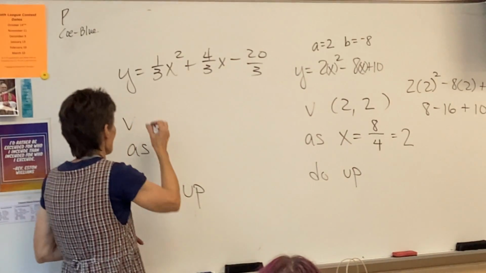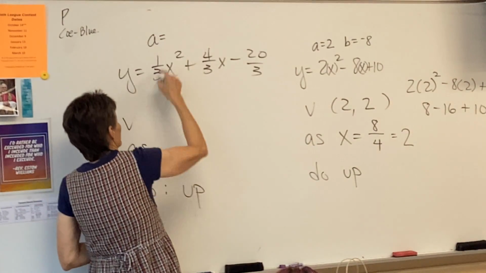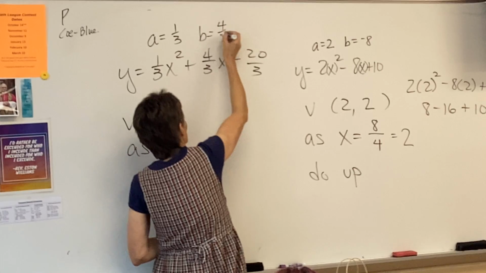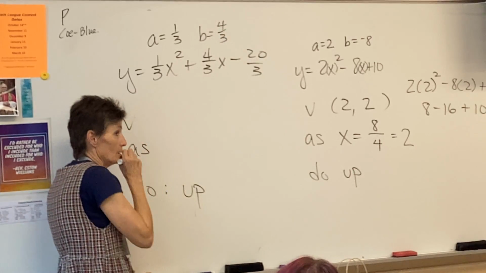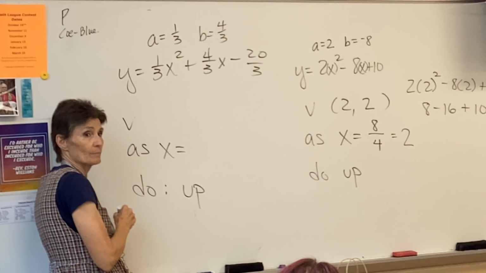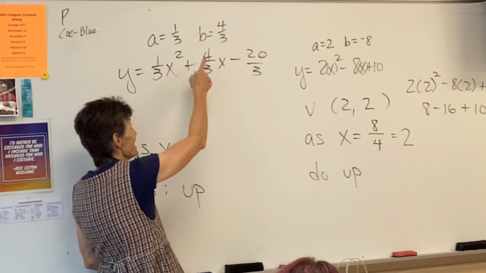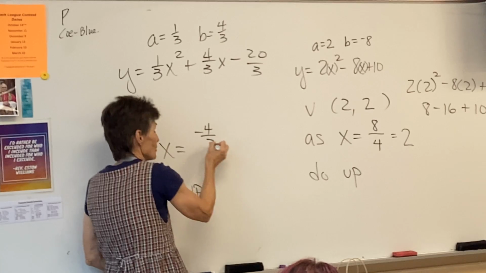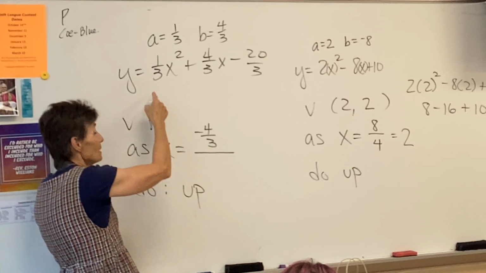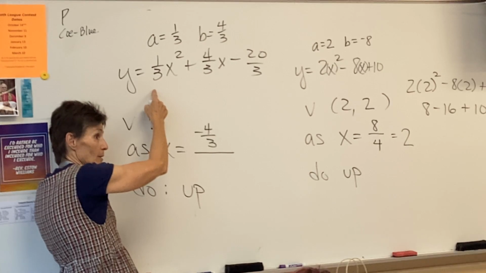Alright, so what's my A? 1/3. And my B is 4/3. So my axis of symmetry will be negative 4/3 divided by 2 times 1/3.